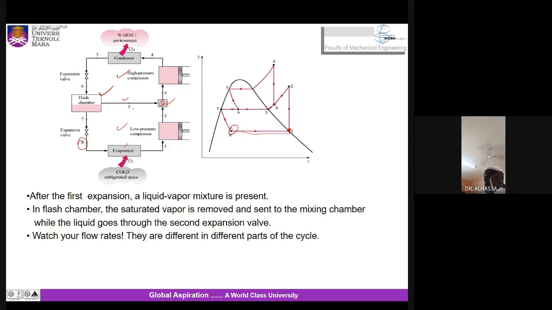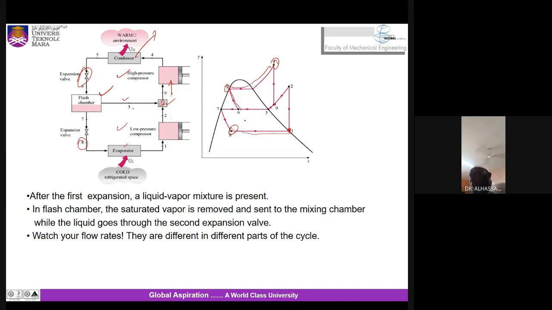Now the fluid at state 9 is still in the superheated state, and then it enters the second compressor. Then the fluid is compressed to a high temperature before eventually the heat is released to the surroundings, and the fluid is cooled down to state 5. Then we have expansion at state 6. So the cycle continues like that.